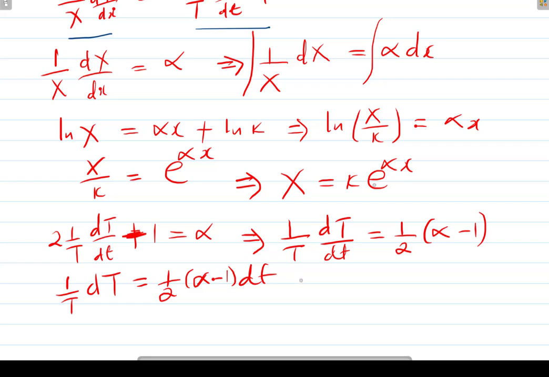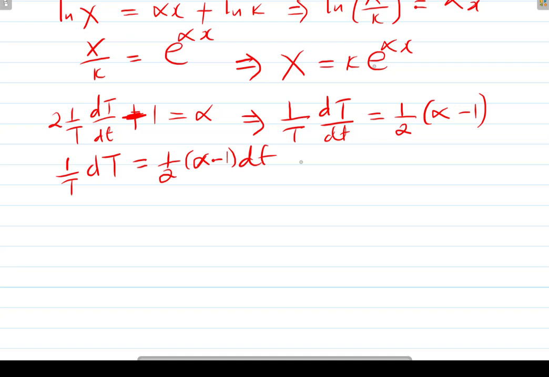And then again you just integrate, it's direct integration. Once you integrate, you have ln t equals, integrating with respect to this t here, 1 over 2 alpha minus 1 t, plus again some arbitrary constant, let's say ln a, for example. It can be any number, you can use any letter here, it's up to you.